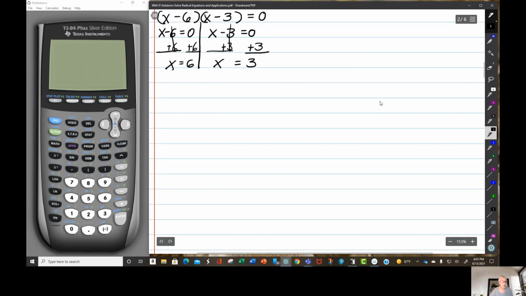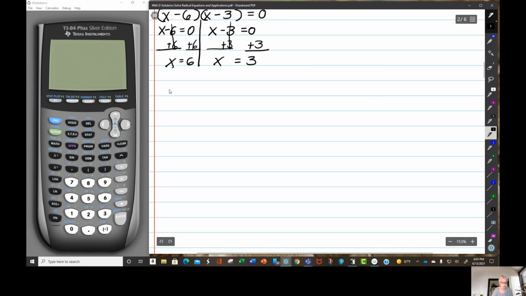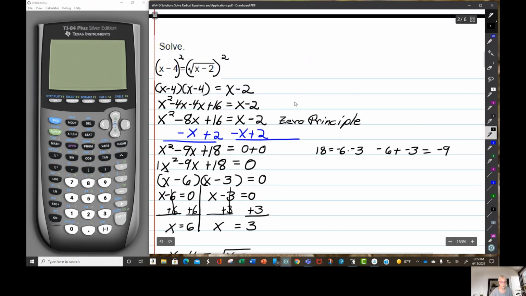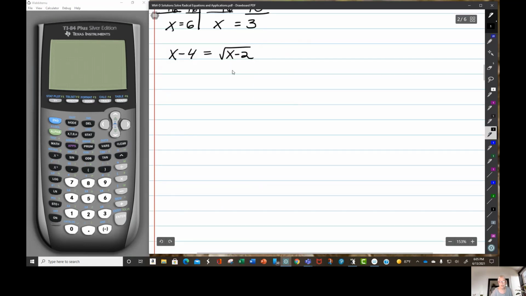x minus 4 equals the square root of x minus 2. Okay, that's true. And x minus 4 equals the square root of x minus 2.